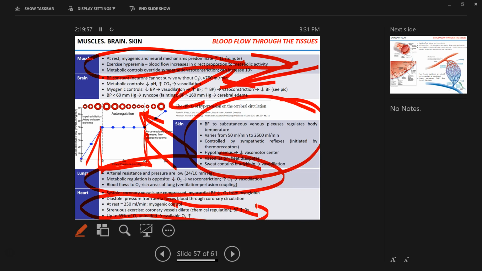If blood pressure decreases, vessels dilate to maintain the blood flow to the heart. Does that make sense? That's pretty much what we just discussed, myogenic versus metabolic control. So at rest, it's mostly myogenic. When you start exercising, your heart produces a lot of CO2 and metabolic controls take over. Okay?